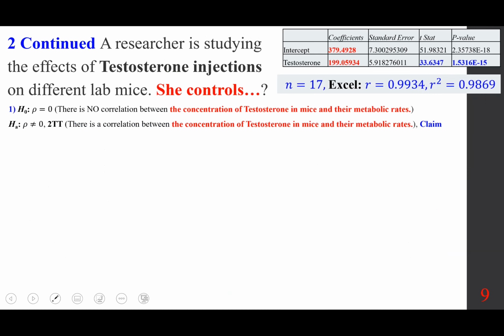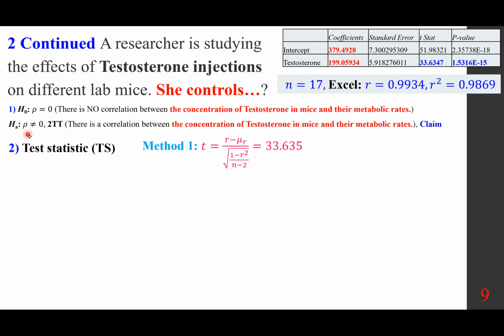How we answer it, according to this table. So when we continue, first we are going to write n equals 17, and according to the calculation from the technology, we have the R squared, and all of the above. And part 1, just as before, we are going to go with part 2, and I'm going to show you how that works. Test statistic, method 1 uses this formula.